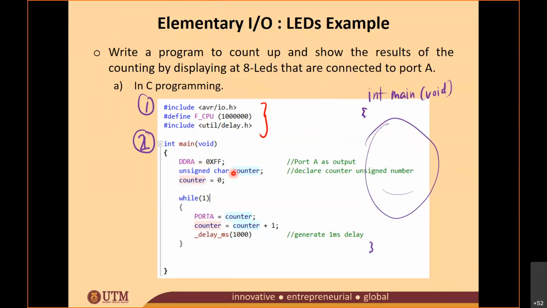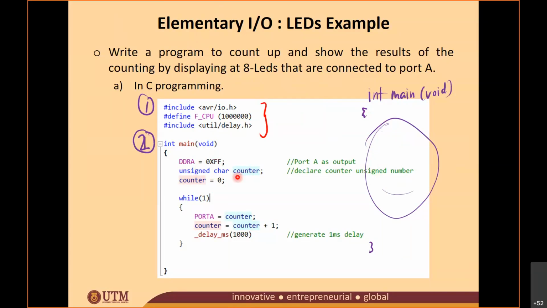And then define your counter. So in this case, this is an unsigned char counter. It means that you declare or define this counter variable as a char, 8-bit data, and it is an unsigned number.